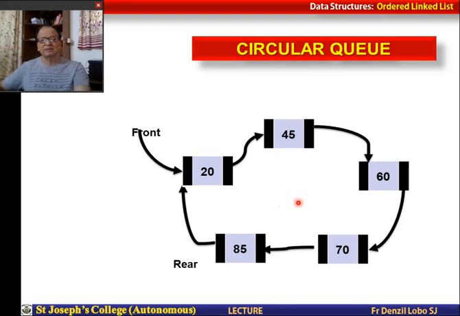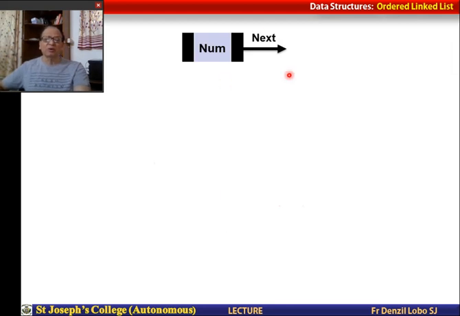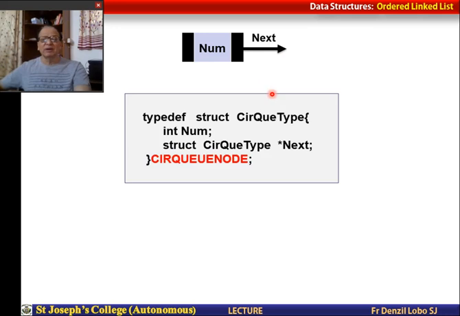Let us see. We'll start again with the node of the circular queue. It contains a data item, a number variable, and a link to the next node, very similar to what we have done earlier. Now let us see how to declare a new data type called circular queue node.